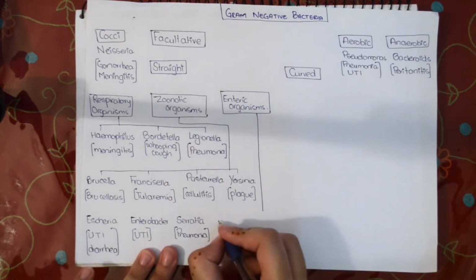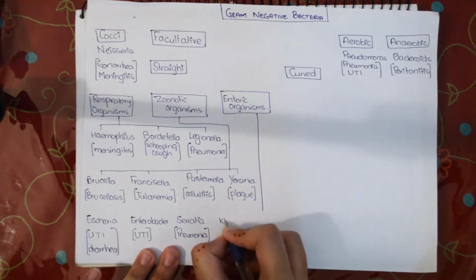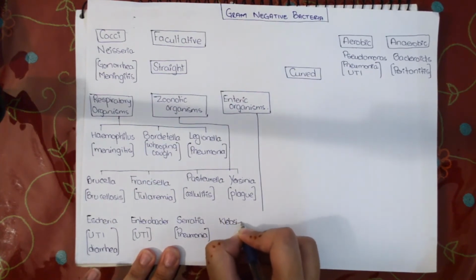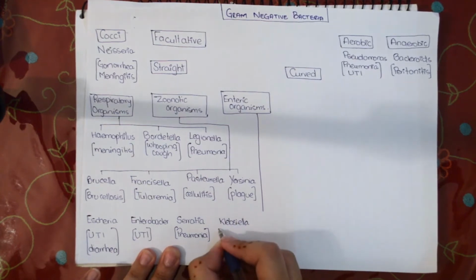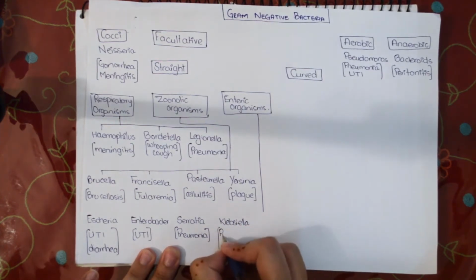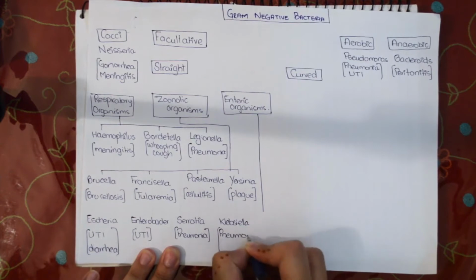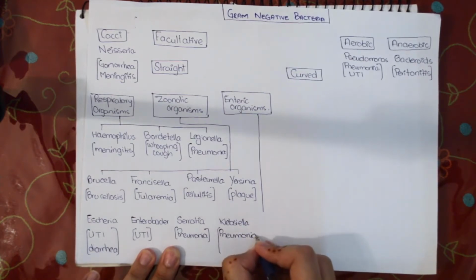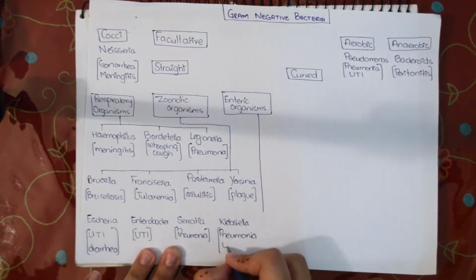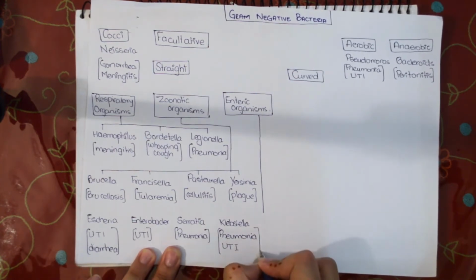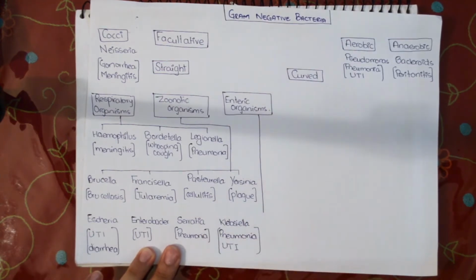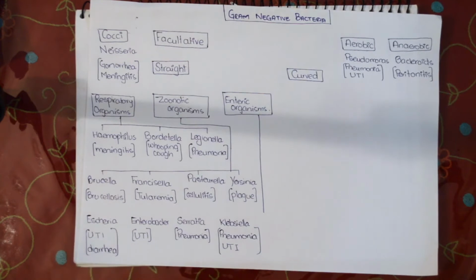Serratia, after it, there's Klebsiella, which also causes pneumonia. Now we know 5 of the organisms which are causing pneumonia. They are Klebsiella, Serratia, Legionella, and Mycoplasma, and the last one was Streptococcus.